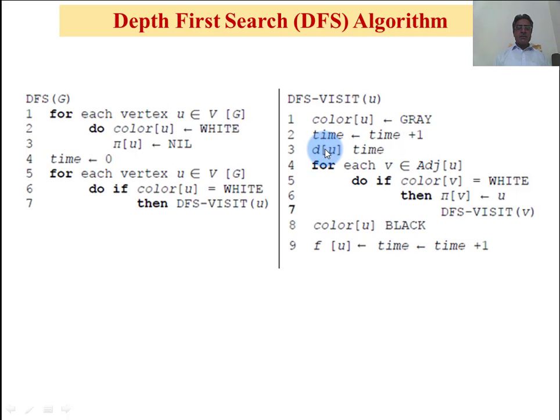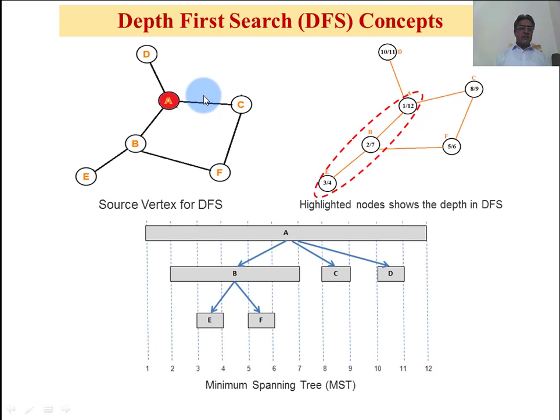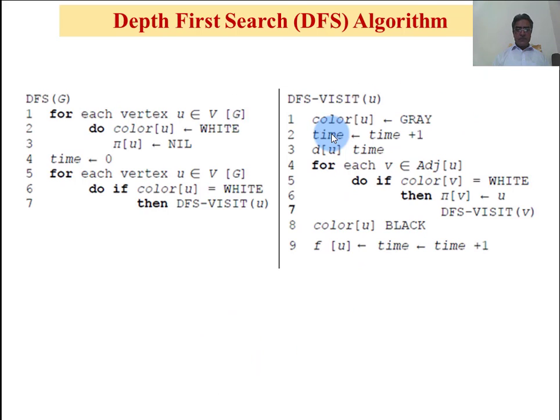So in our previous case, this was our first node and its discovery time becomes 1 and its color is gray. Whenever a node gains the color gray, we assign its discovery time. That gray color is the representation of discovery time.